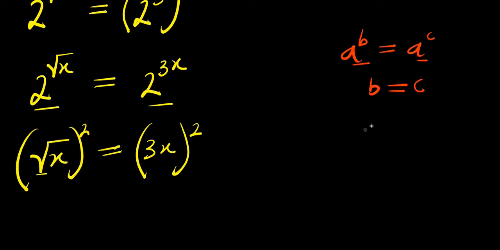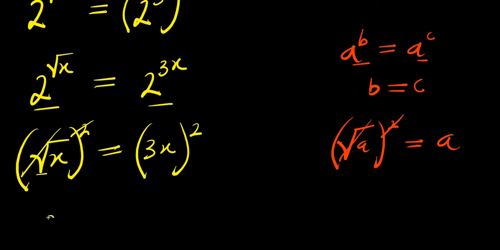Now, remember, if you have square root of a raised to the power of 2, this simply means a, because the square eliminates the root. So I have my x, and this equals, for this, if you have a times b raised to the power of c, this equals a power c times b power c.